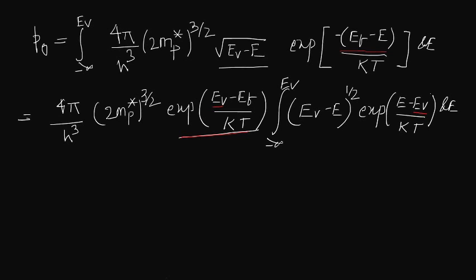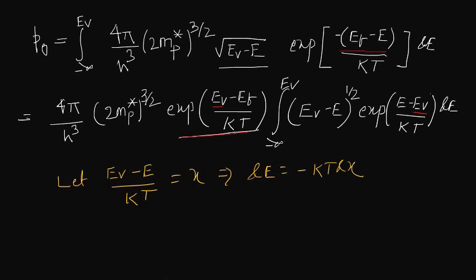To find the integration, let's take EV minus E divided by KT as X. If I differentiate both sides, dE will be minus KT dx. Now let's change the limits.